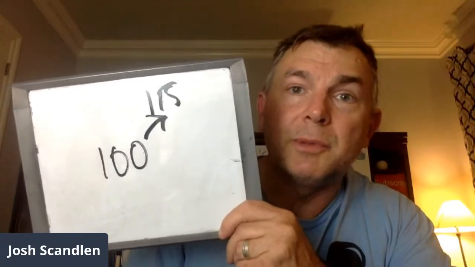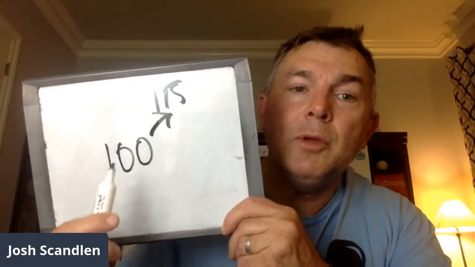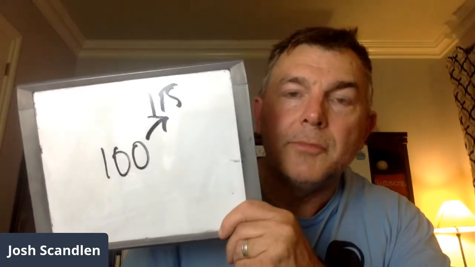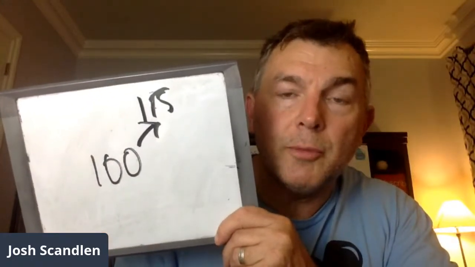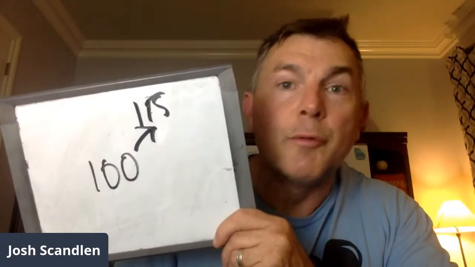Because he's saying, look, Josh, I'm going to give you money, what's called a premium, in which I reserve the right to take away your shares from you at 115 later on. So for me, I'm going to profit in two ways here.